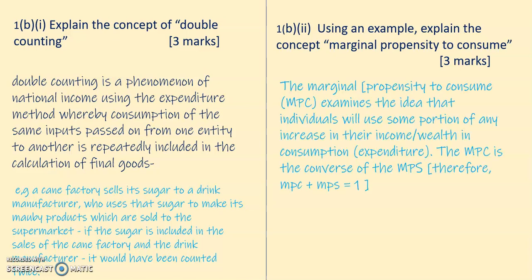So the marginal propensity to consume examines the idea that individuals will use some portion of any increase in their income to consume more goods. Otherwise, they would save it, right? So therefore, the MPC plus the MPS will be equal to the total increase in their income.